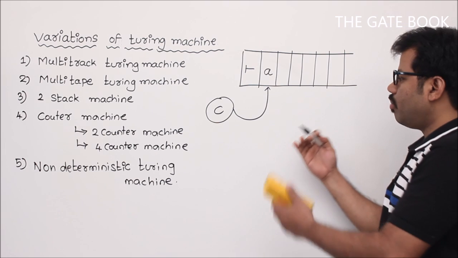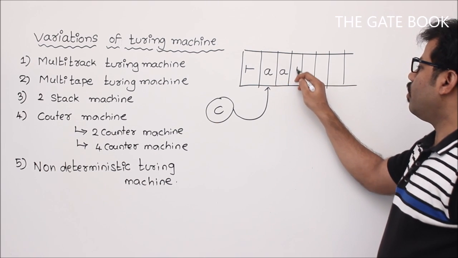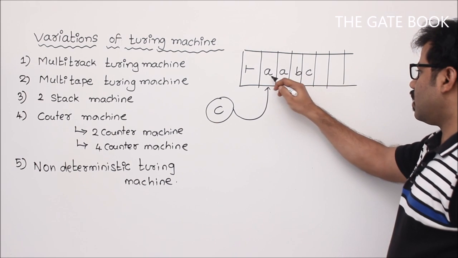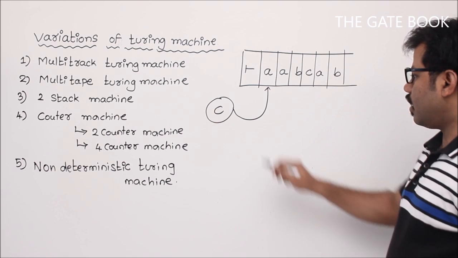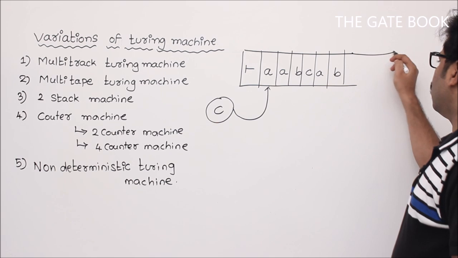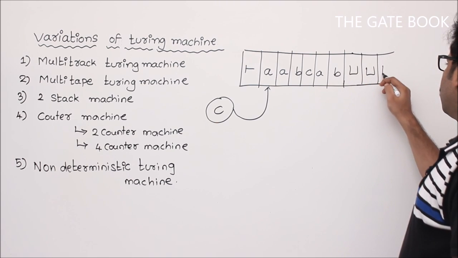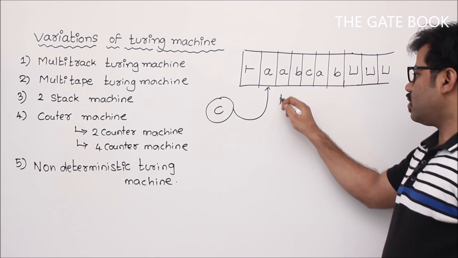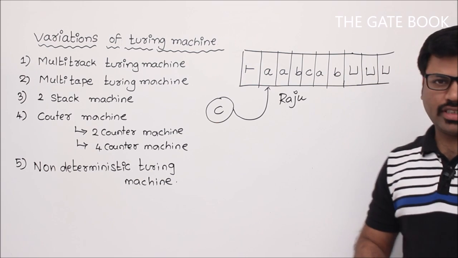That means after running for some time, these are all tape symbols A, B, C, A, B, something, and currently your control is pointing here, and this is the configuration of your tape. These are all, let's say, blanks. Now let's call it the machine Raju, which is a basic Turing machine.